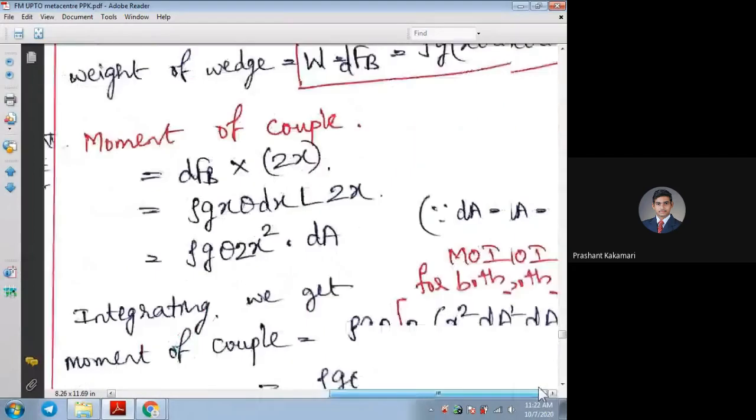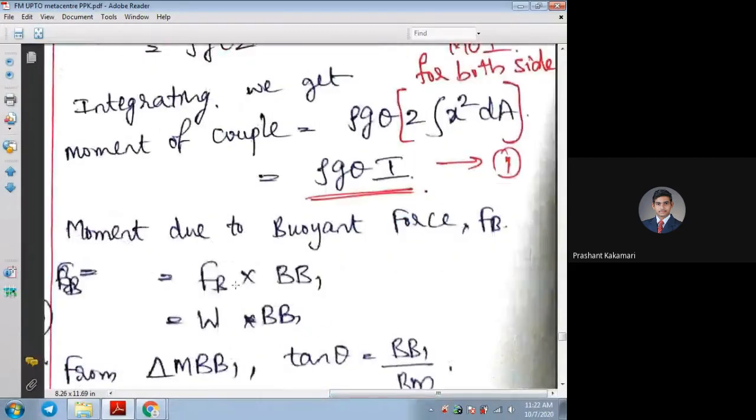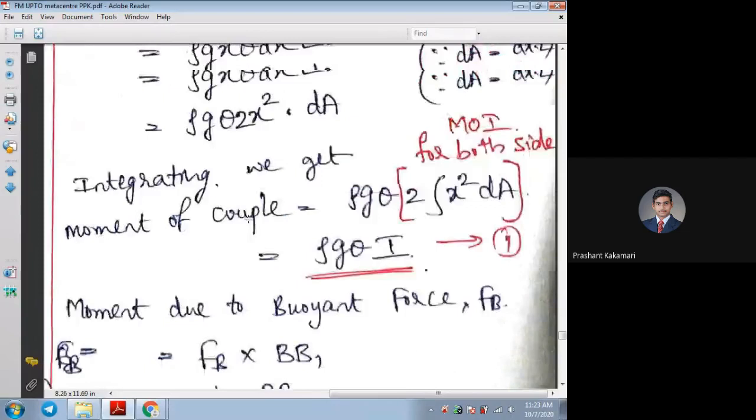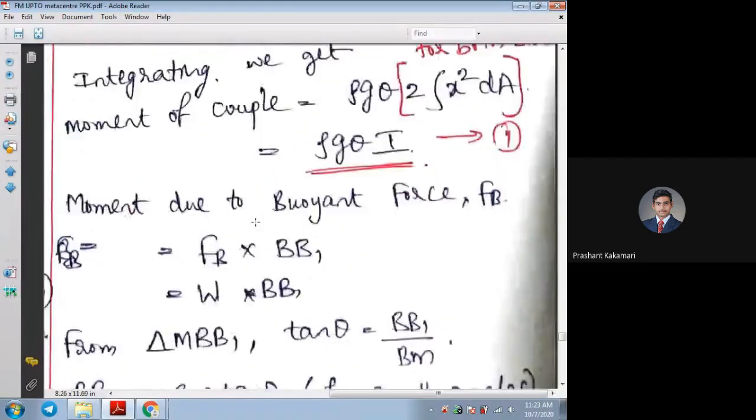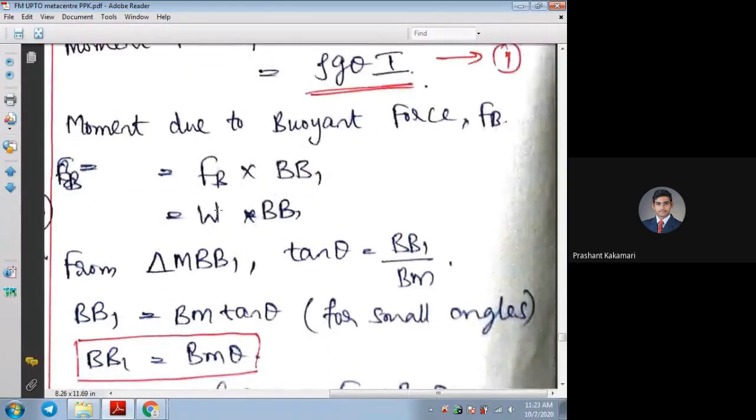So what I'll do here, I will write the moment about point B, which is generated by the total buoyancy force FB into distance BB dash. And as I told you in earlier classes also, in earlier analysis, whatever force of buoyancy is generated and the body is floating, that is nothing but equal to the weight of the given immersed body.